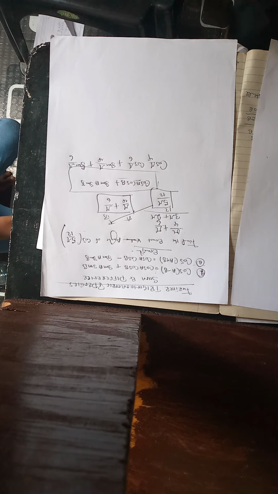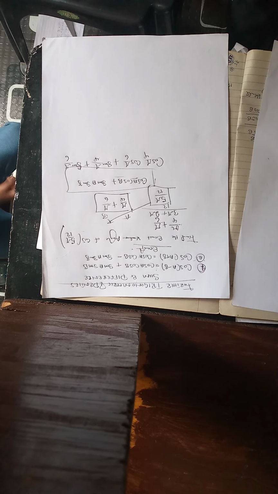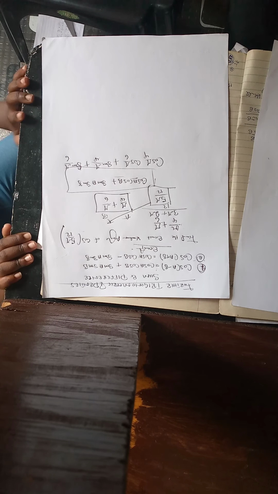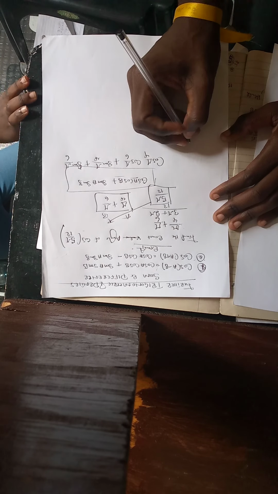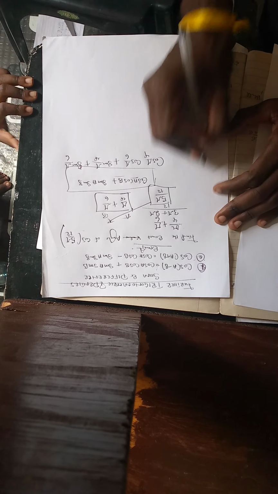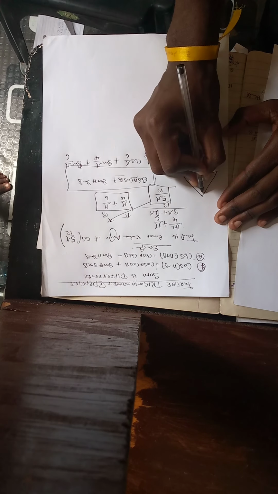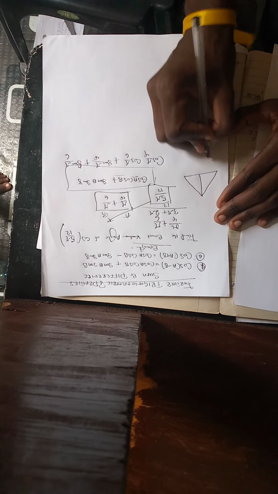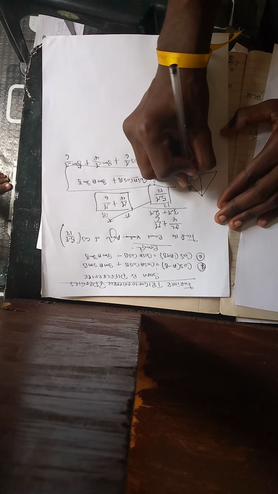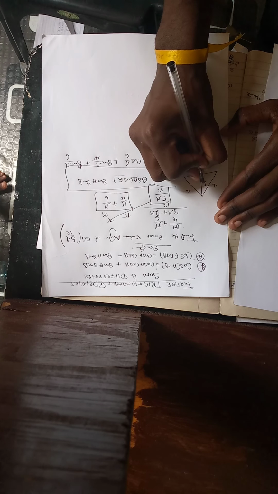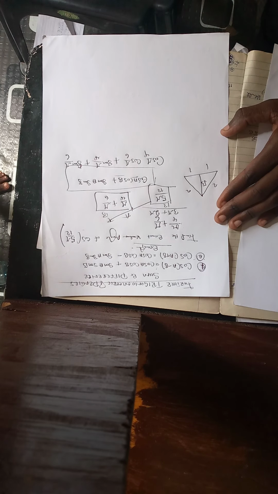Now, after doing that, there are important triangles that we use. We have a 30-60 triangle, which looks like this. Here we have 1, here we have 2, and then here we have root of 3.